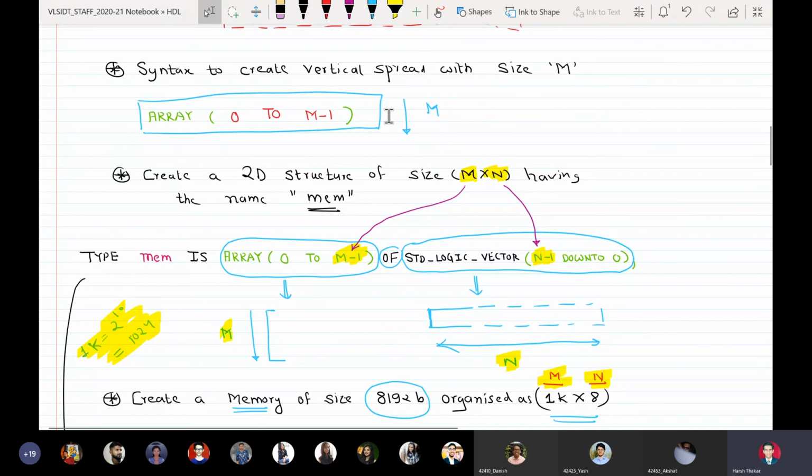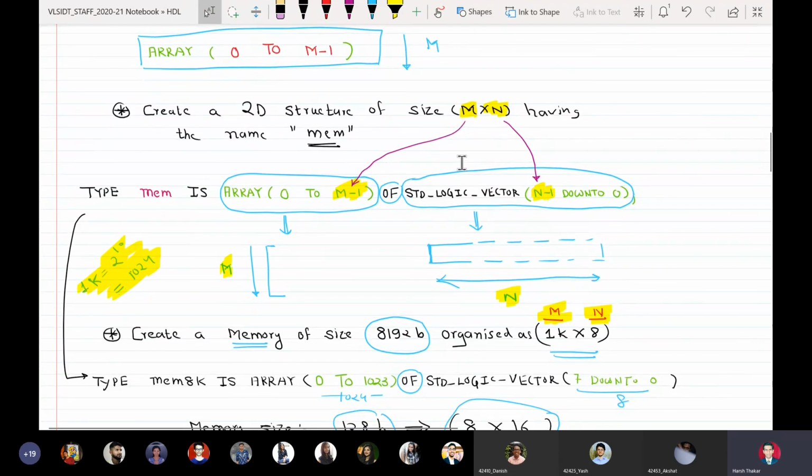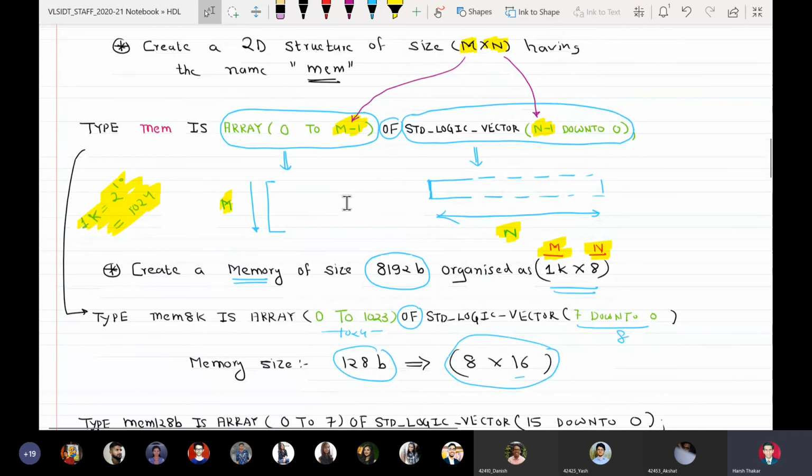So whatever is our specification for 2D memory or 2D structure in terms of m and n, m is always written as m minus 1 and n is written as n minus 1. We said that the data type std_logic_vector creates a horizontal spread, while the keyword array creates a vertical spread, and a combination of both of them creates a two-dimensional structure m by n.